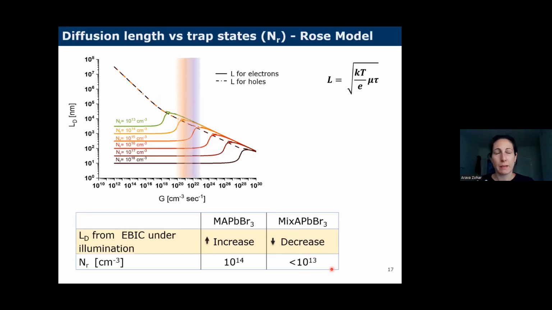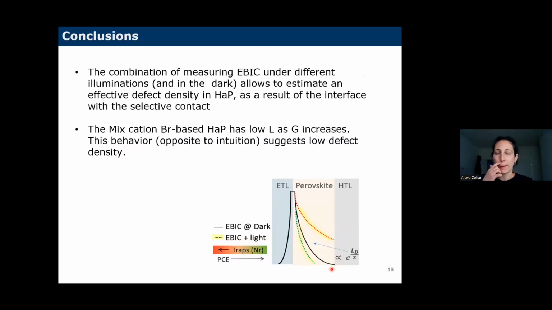And the quantity of defects is very low. And if you can think about any other techniques that can assess this, I think 10 to the 5 less than what you have in the valence band, fewer carriers, it's very difficult. Usually the sensitivity of UPS and many other techniques is like 3 orders of magnitude below the population. And this is very nice, to get some data out of it.